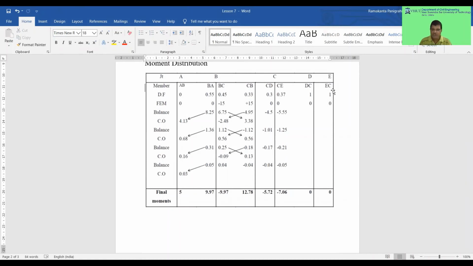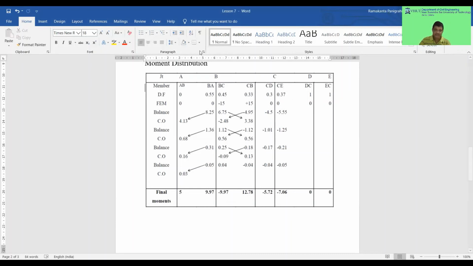Now write down the members AB, BA, BC. In C, we have the members CB, CD, and CE, and here the members DC and EC. So write the distribution factors. For the simply supported ends it will be 1, and for the fixed end 0, and for the others we have already found 0.55, 0.45, 0.35, 0.3, and 0.4.